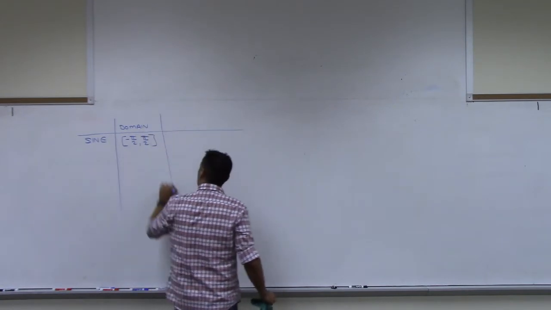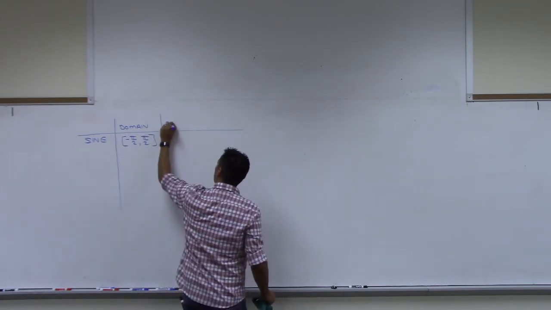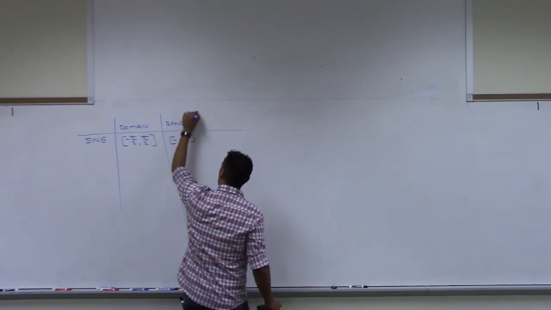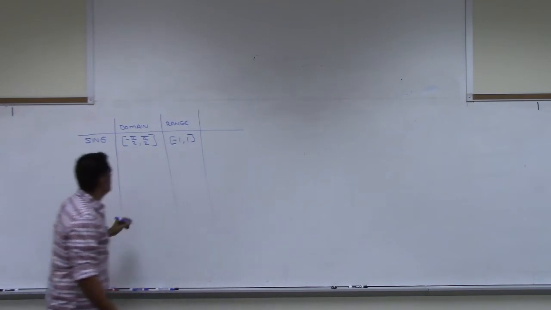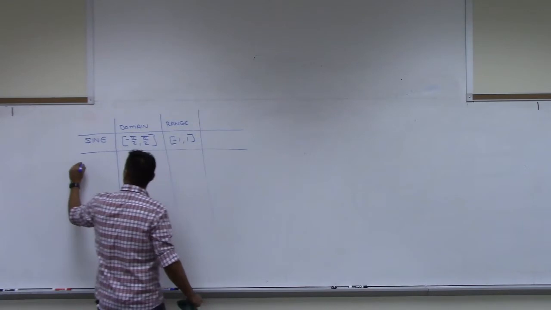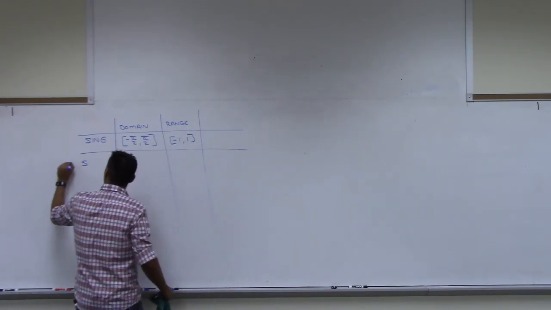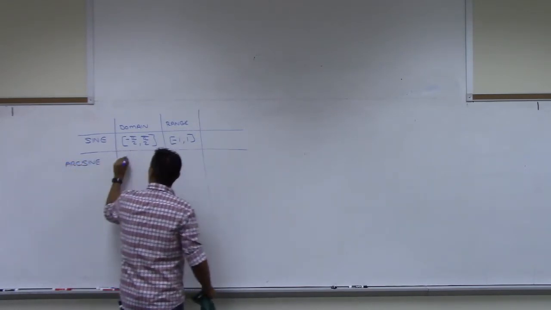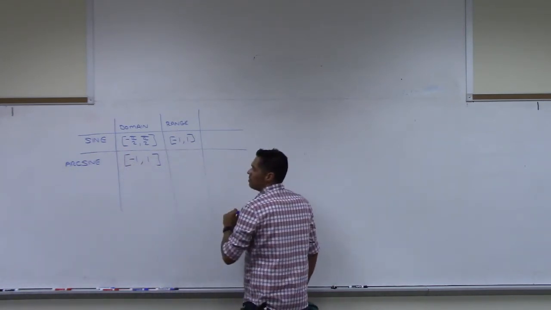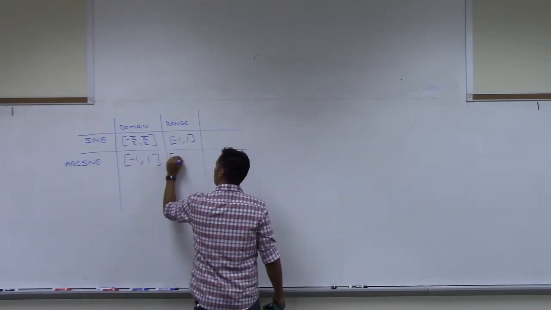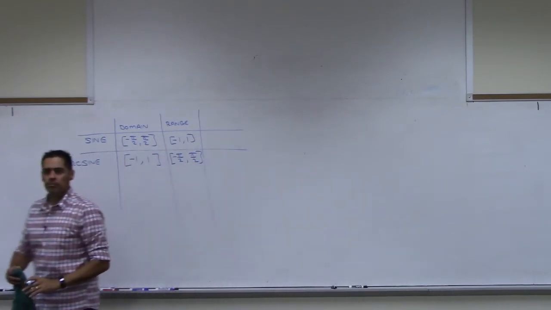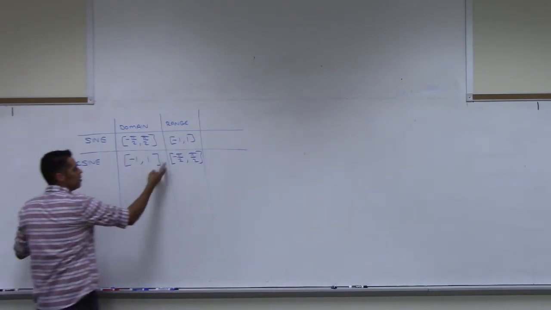What's the range of the sine function? Negative 1 to 1. What about the arc sine now? We switch, right? Negative 1 to 1 is the domain, and the range is negative pi over 2 to pi over 2. They switch places. That's what I was saying earlier.